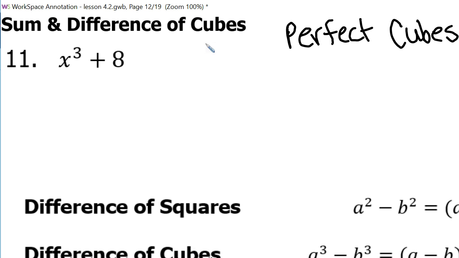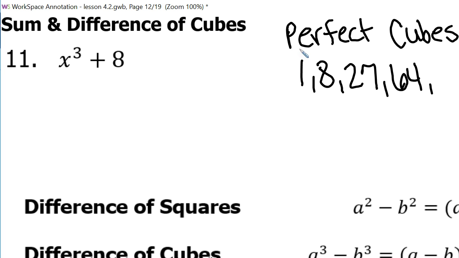What is 2 cubed? 8. What is 3 cubed? 27. What is 4 cubed? 64. What is 5 cubed? 125.